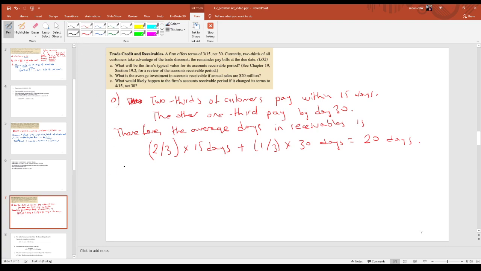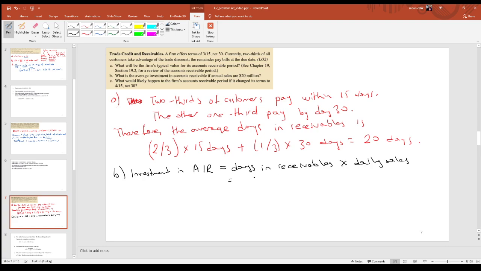So B. What is the average investment in accounts receivable if annual sales are $20 million? So investment in accounts receivable can be calculated as days in receivables times daily sales.